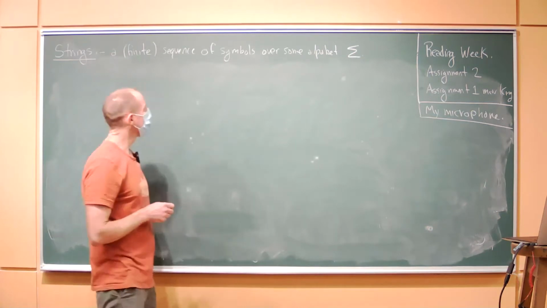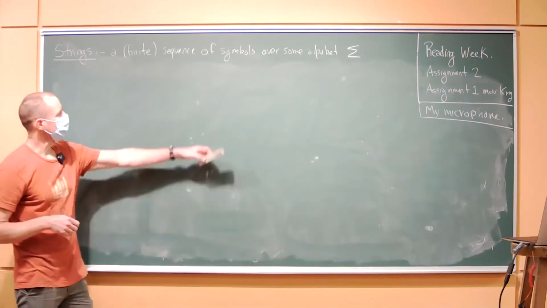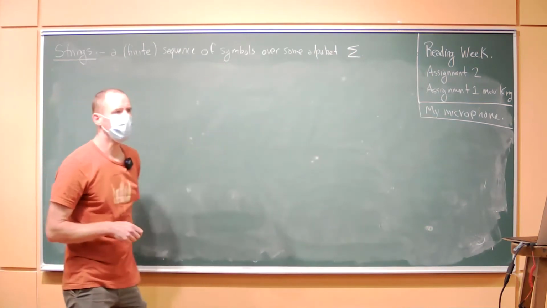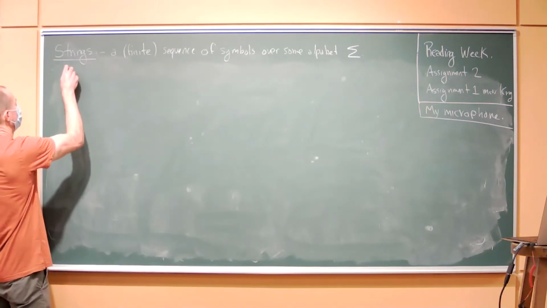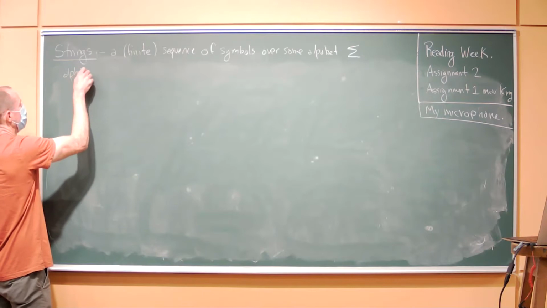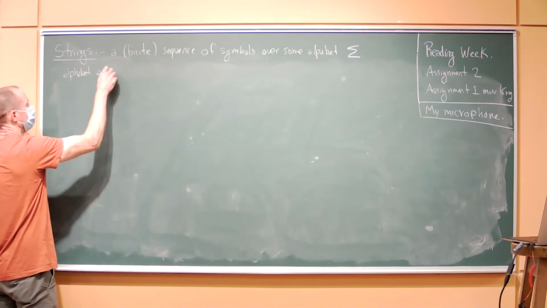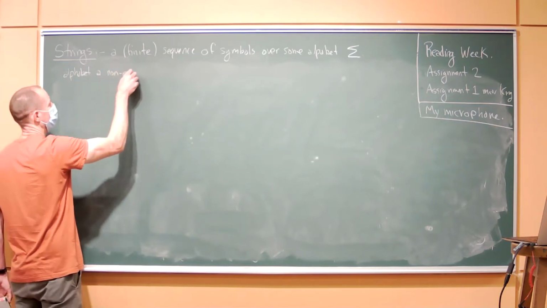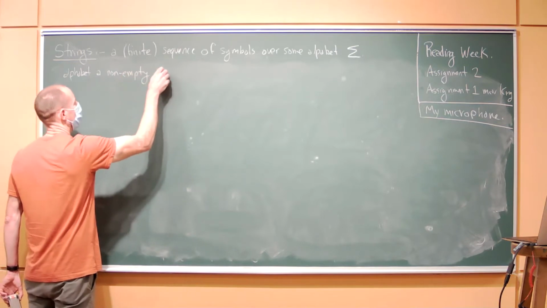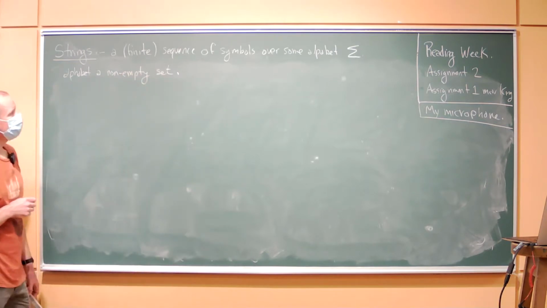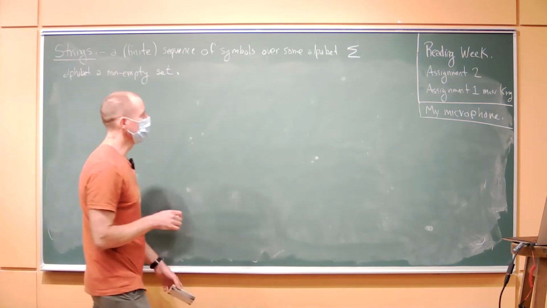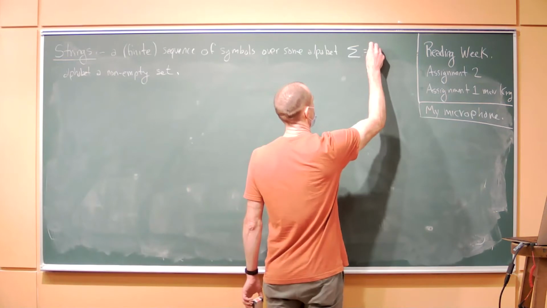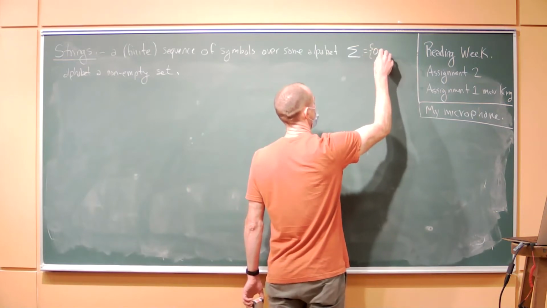Sigma, well, that's annoying. Now I've said things like symbols and alphabet, which you also don't know what those things are. Alphabet, I'll define that, is a non-empty set. And for our purposes, we're going to use alphabets that are integers.